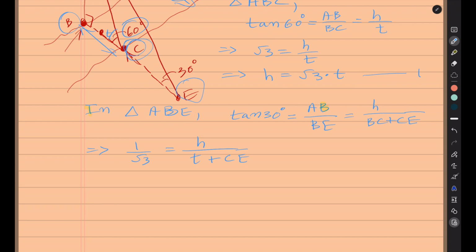No, we know actually. It's given in the question. From another point 20 meter away from this point, it means CE is 20 meters. So we can utilize that in the equation. It gives us T plus 20 is equal to root 3 times H.